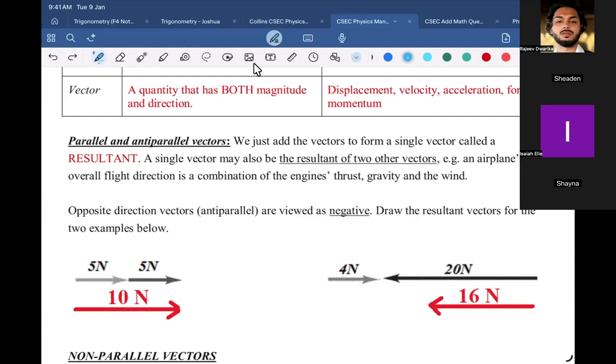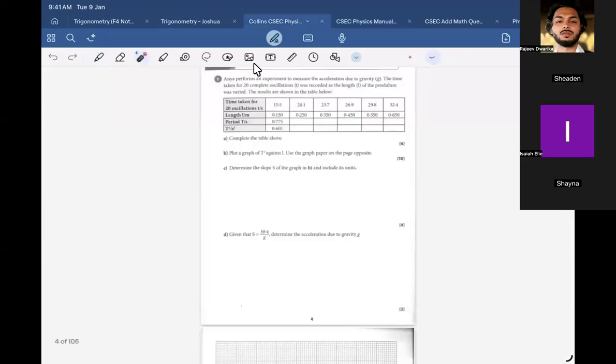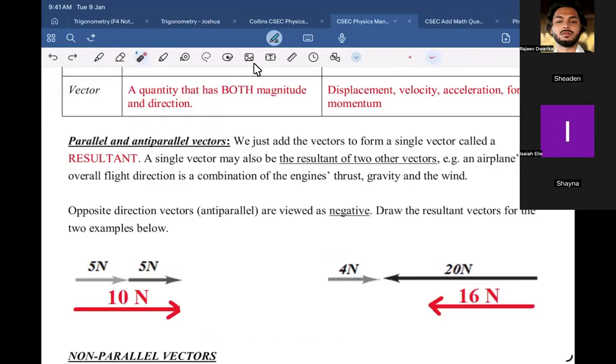Okay, so let's just quickly go through this, right? So Isaiah, if you and your friend are pushing a box in the same direction, do you think the forces would add together or subtract? Add together. So it makes sense that if both of you are pushing, in what direction is this, left or right?